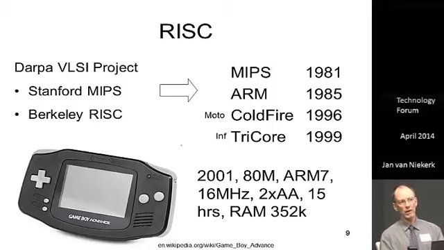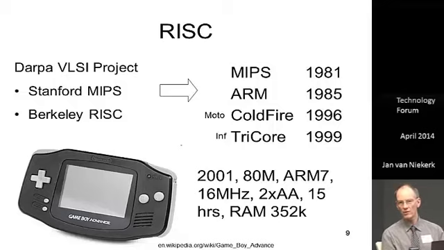And they read the Berkeley paper, got very excited, and decided that they're going to design their own microcontroller based on the Berkeley. This is just around 1980. And by 2001, so that's 20 years later, we have viable products in a 32-bit microcontroller.